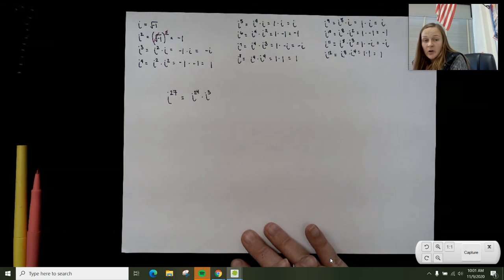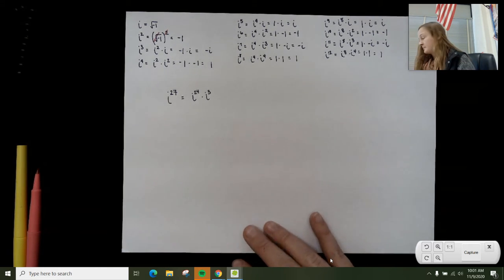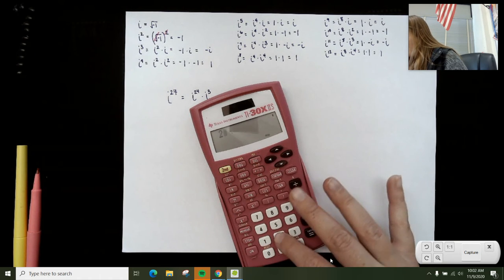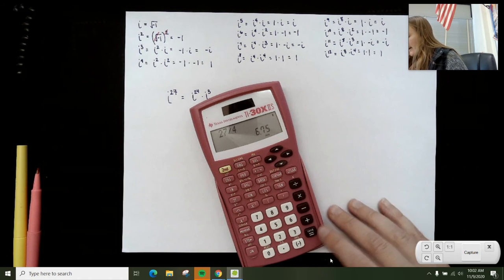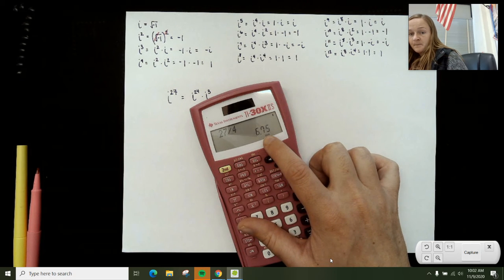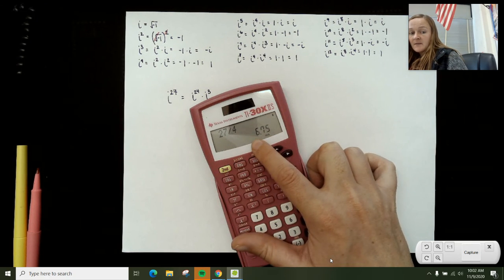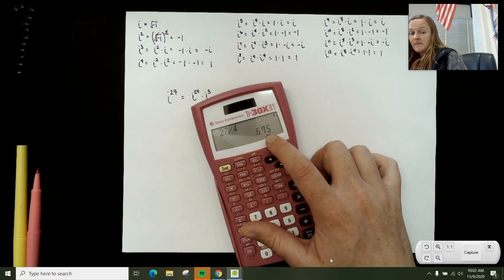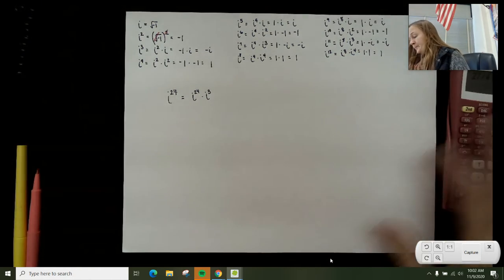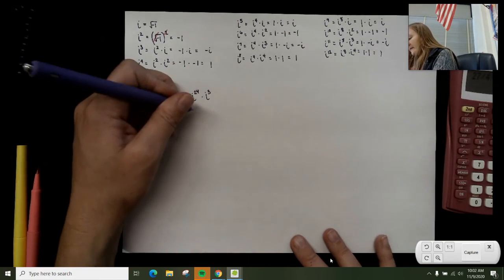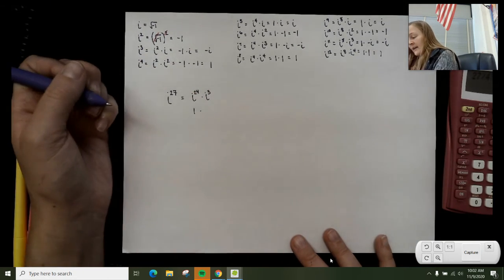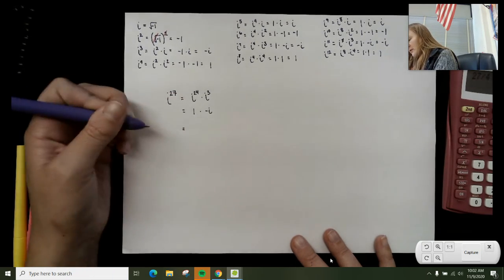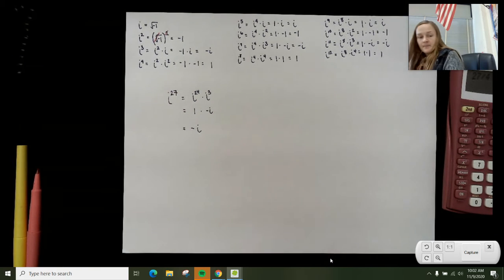I could do that also by dividing, so 27 divided by 4, and I get 6.75. So I know 4 times 6 gives me 24, and then I have 3 left over because of the 0.75. So i to the 24th is just 1, and i to the 3rd is negative i. So that tells me that i to the 27th equals negative i.